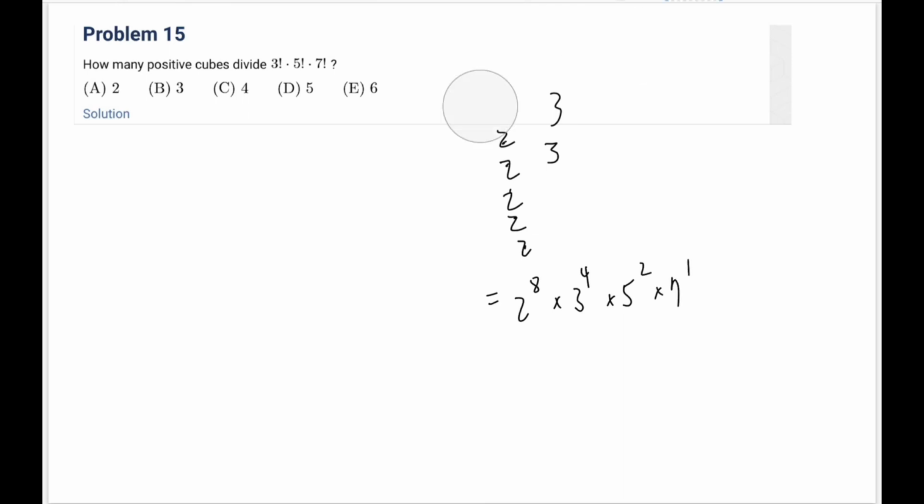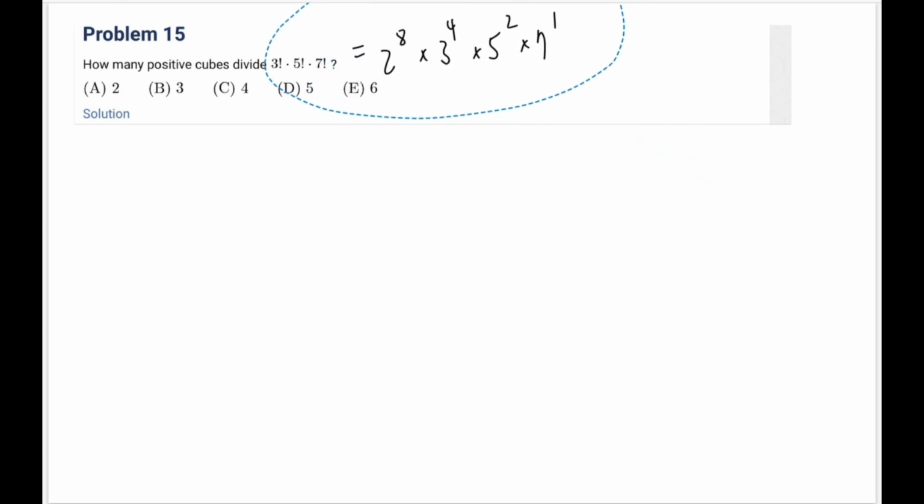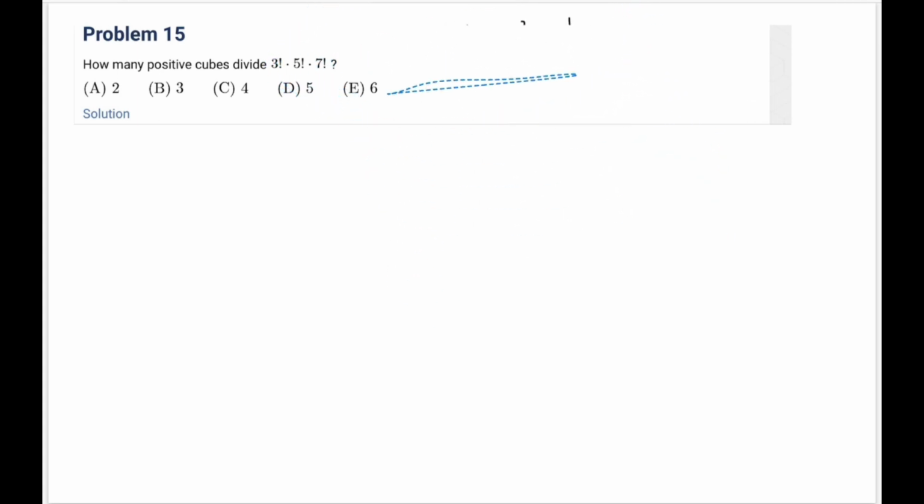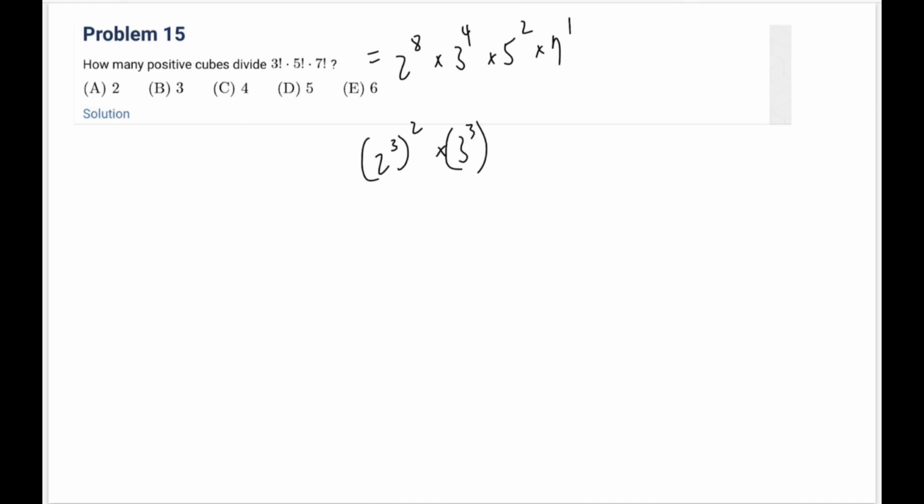And so how many positive cubes? If we want this to be cubes, then this will be 2 to the 6th power, 2 to the 3rd power, 2 cubed, times 3 to the 3rd power.